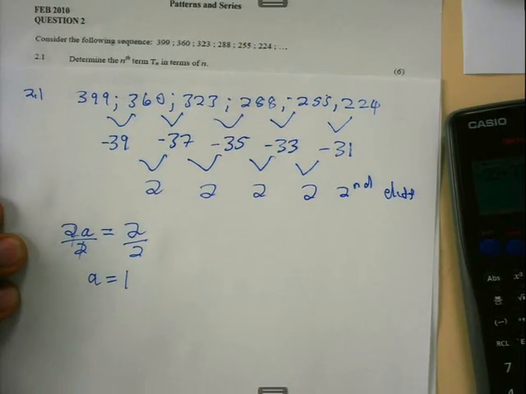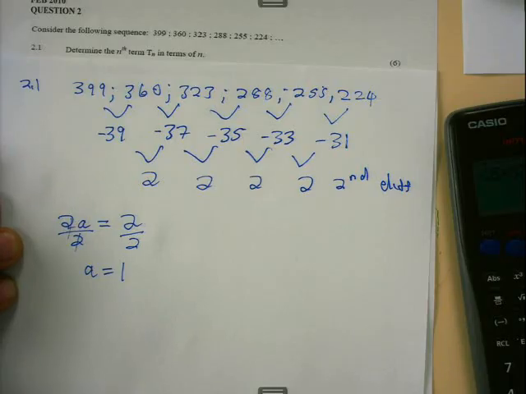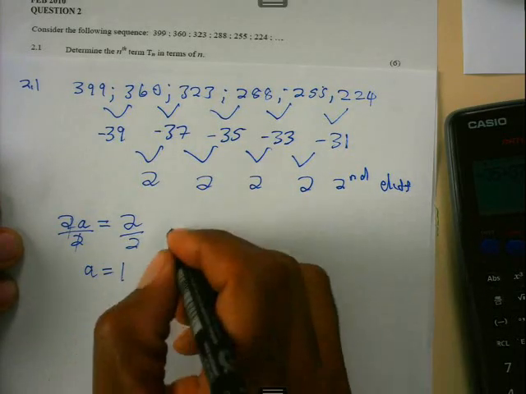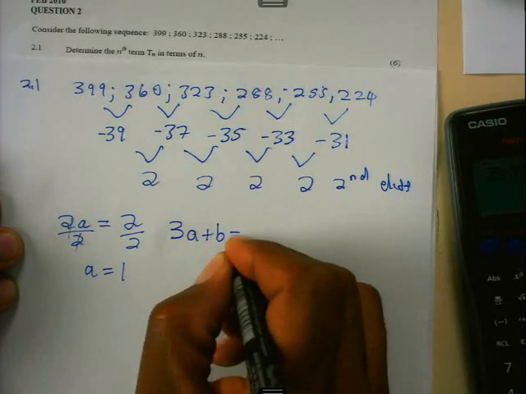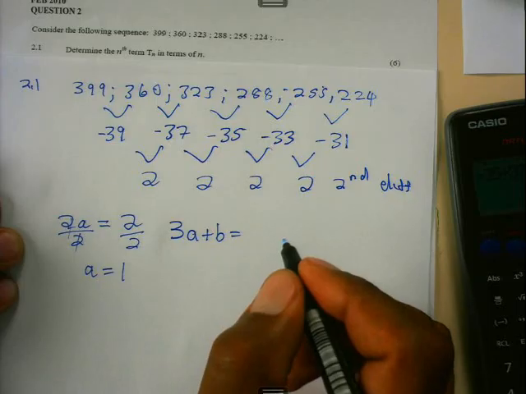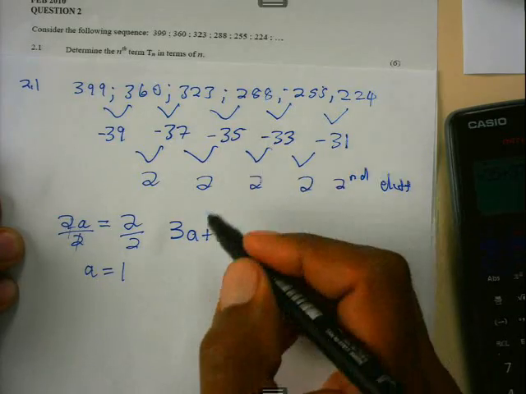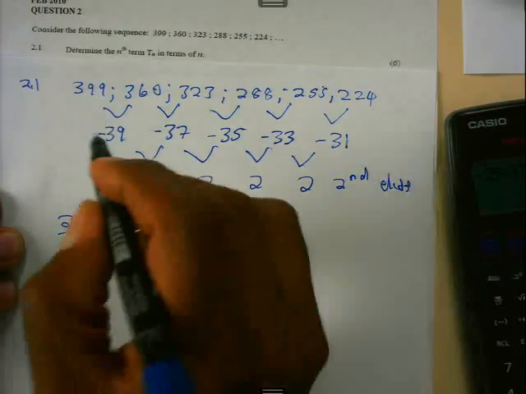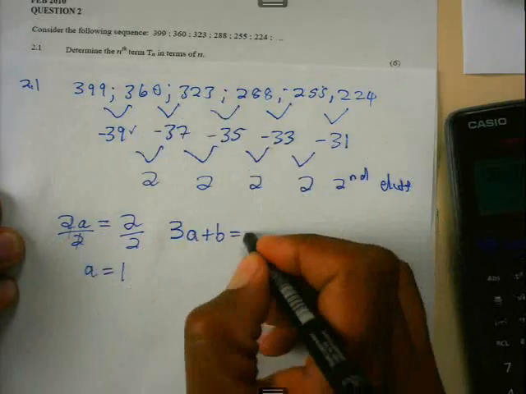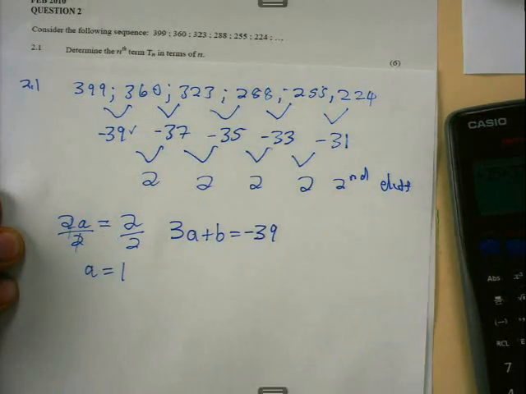Are you happy with this one? Yes, I can see the smile. Now, let us see if we can find b. For b, we have 3a plus b equals what? 3a plus b is our first term of the first difference, which is minus 39.